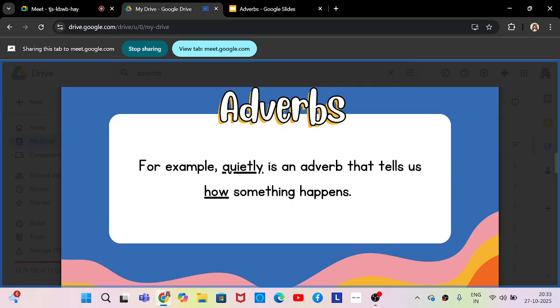Okay, there are thousands of adjectives with which you can add ly to get an adverb. For example, quiet is an adjective. So quiet plus ly is quietly. Similarly, quick plus ly is quickly. Can you give some other example?